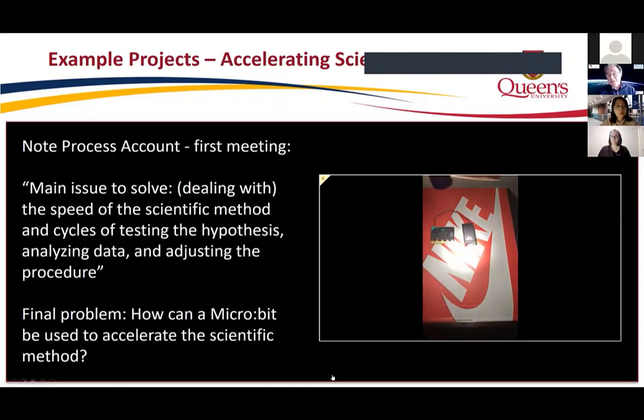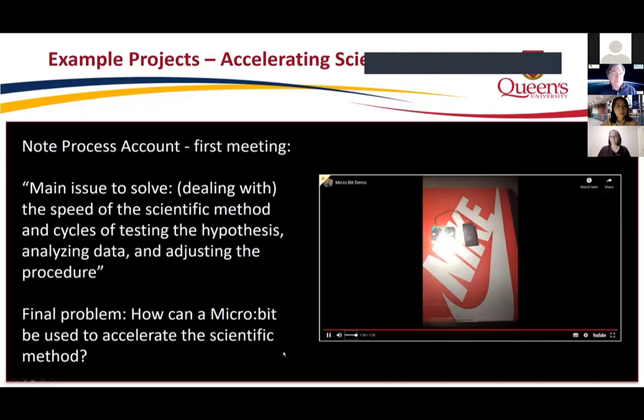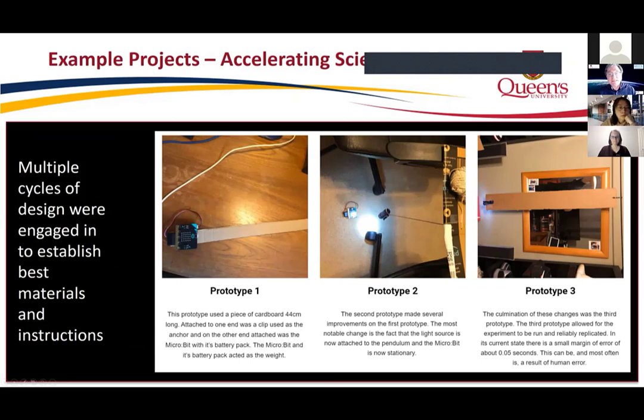And they developed this elegant solution to what's classically the pendulum assignment in school. Gravity on Earth. What was really stunning about this was the work that they did. They made it through 3 iterations, which is unheard of really in this work that we were doing, where they were really looking at the materials that were involved, the coding, and the nature of the instructions that were needing to be given to students.